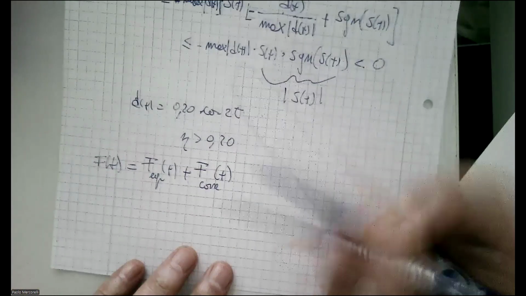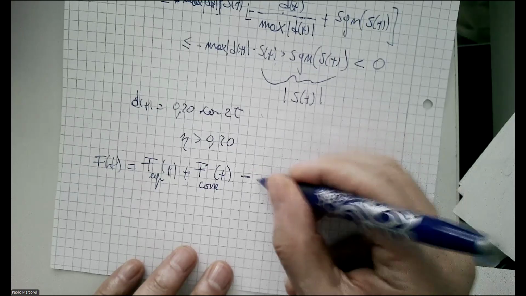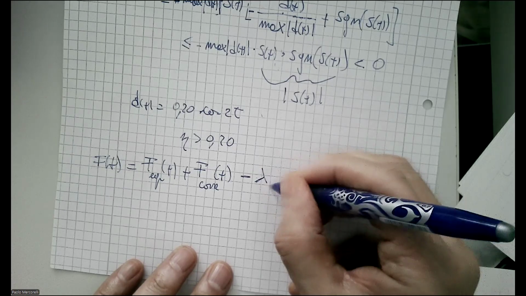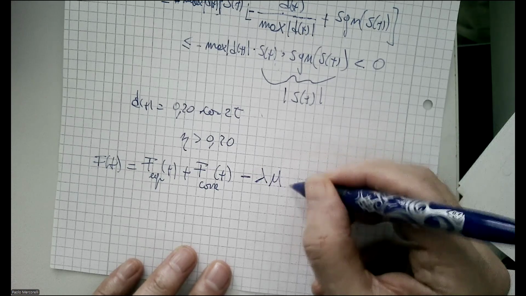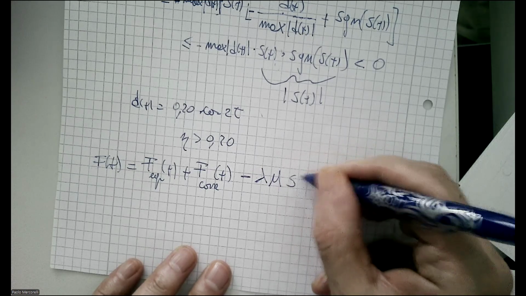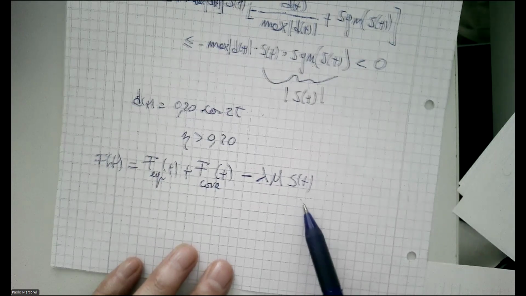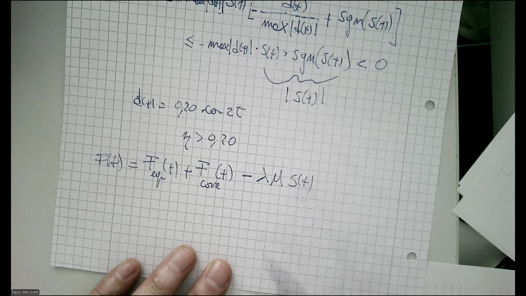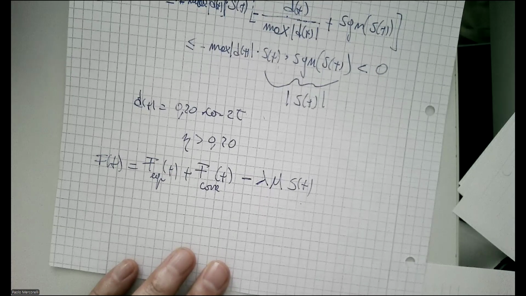Now, if I add here minus, typically we consider lambda multiply m, it does not matter if I don't multiply m, so we have this element here multiply s of t. If I add this element here, I will add an element which helps to reach s equals 0 as soon as possible.